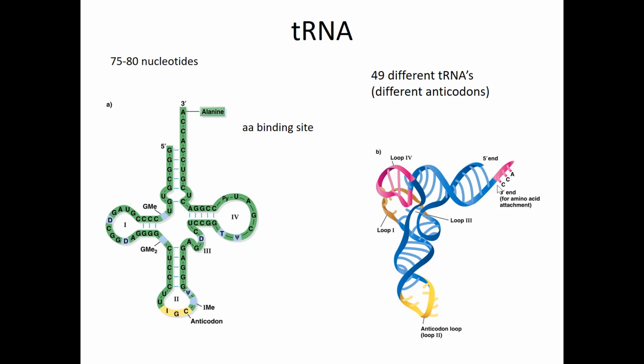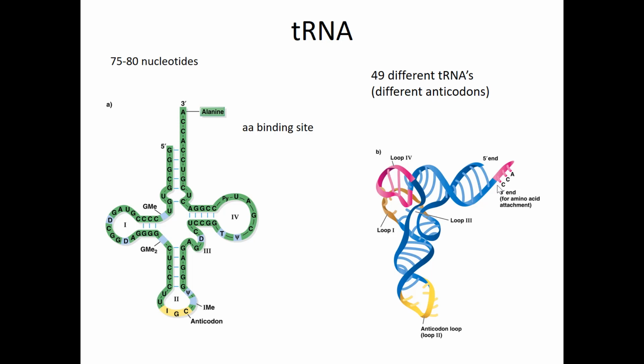And this was interesting because in the previous slide, you see that there are 64 different codons, because a codon is made up of three bases, and each base has four options. So 4 to the third power is 64. So there are 64 different codons, and yet there are only 49 different tRNAs.